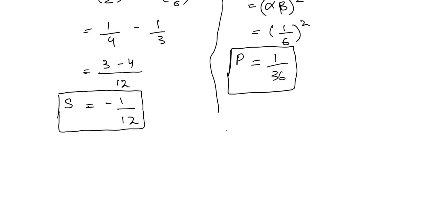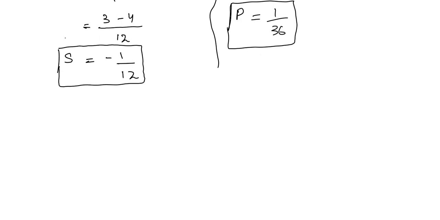Now for making the equation, we know a nice looking formula, which is x squared minus sum of roots times x plus p equals 0. We have to insert the sum of roots here and our product of roots here.